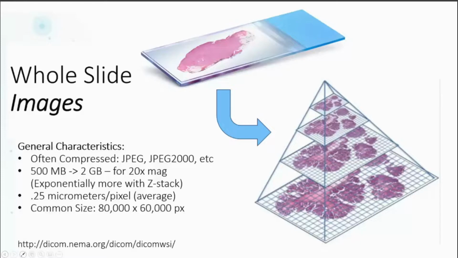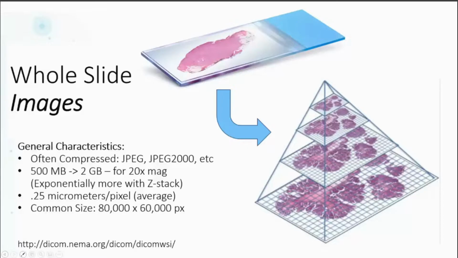And I've given a few characteristics. So these are just of your standard 1x3 slides. There's lots of variation here, but these images that are captured on the scanner are often compressed.